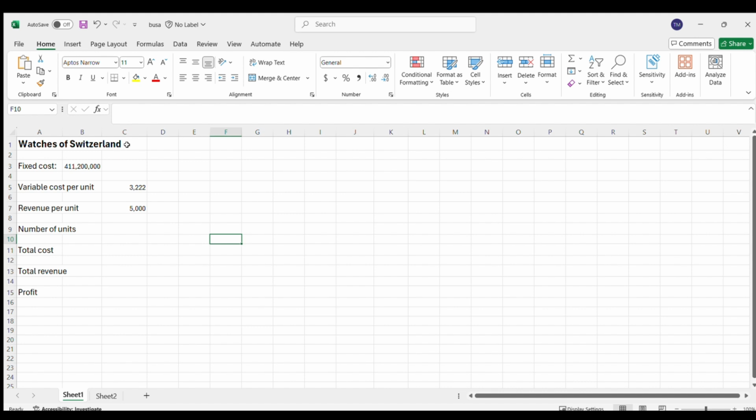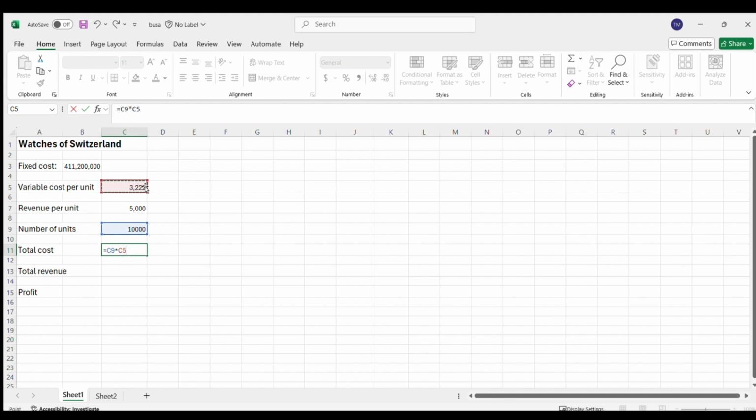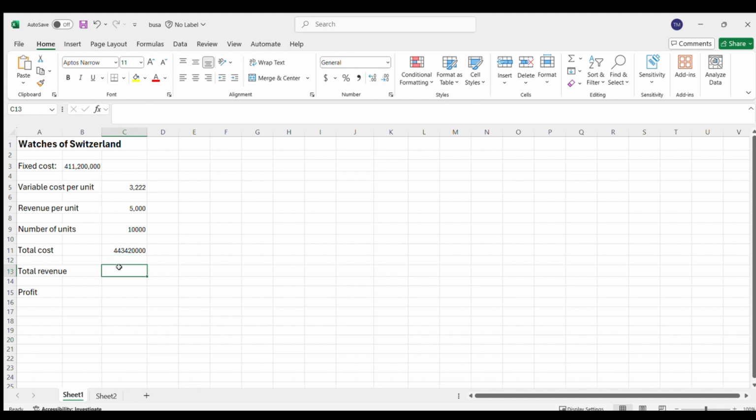For example, if we got 10,000 units here, the total cost should be number of units multiplied by the variable cost per unit plus fixed cost, and the total revenue, number of units multiplied by revenue per unit, and the profit, you take the total revenue minus the total cost, you got the profit here.